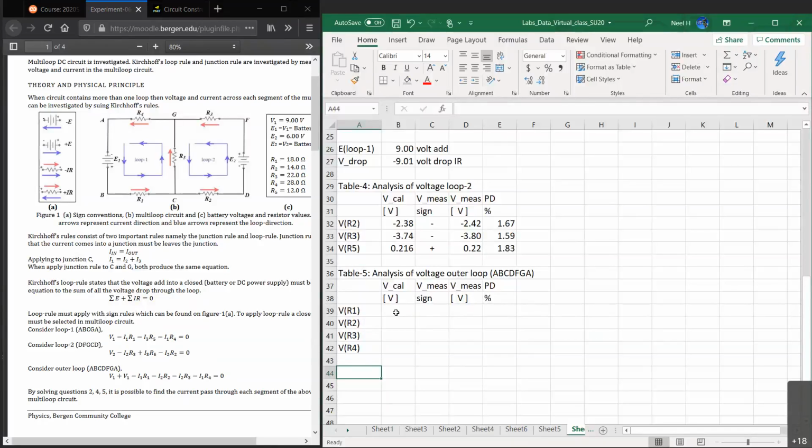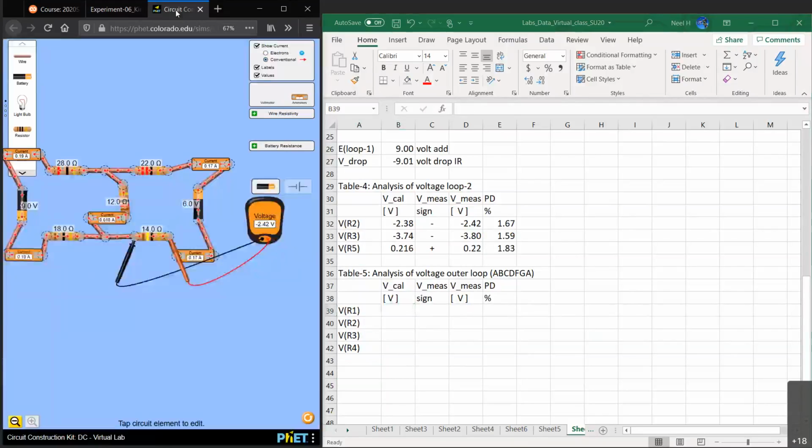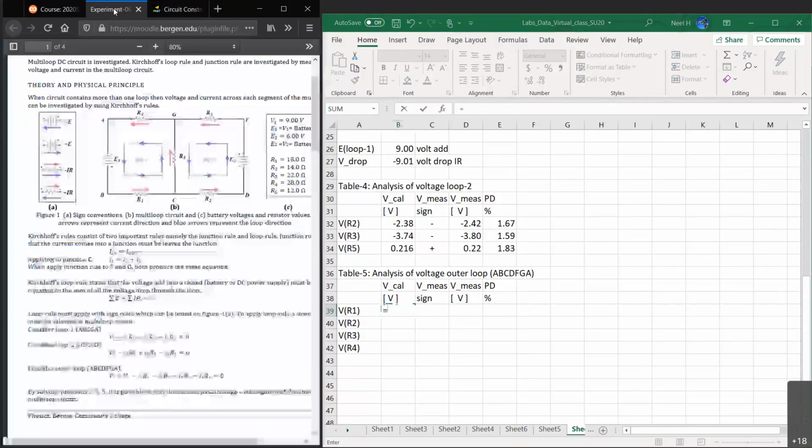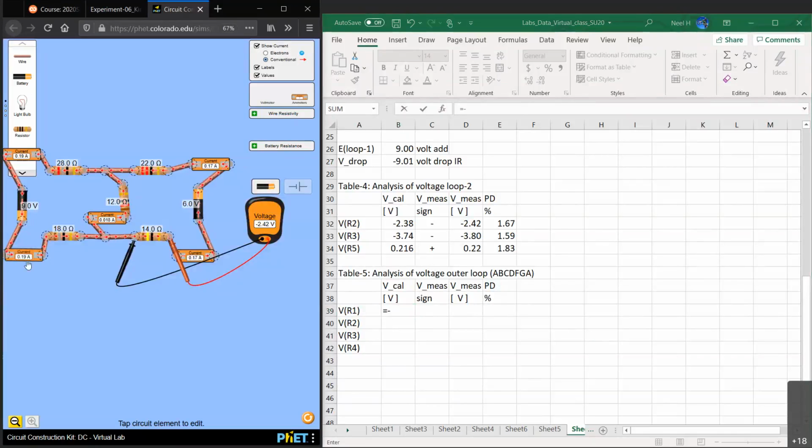Okay, let us do the calculated voltage values. Now you know R1 is 18, current passing through that is 0.19. And that must be a negative number because when you're moving from A to B to C, the loop direction is B to C and the current direction is the same. This should be a negative sign, okay? Negative sign. Current passing through is 0.19. Resistance of that is 18, okay?